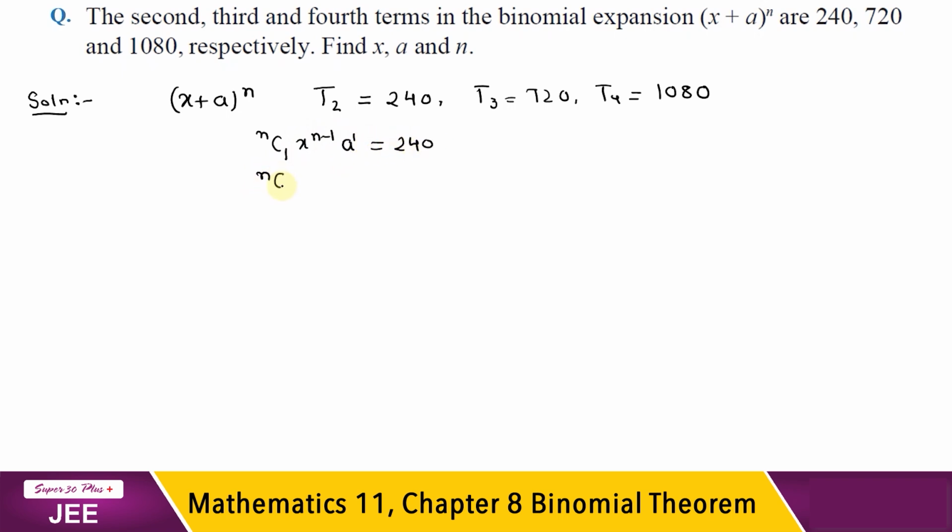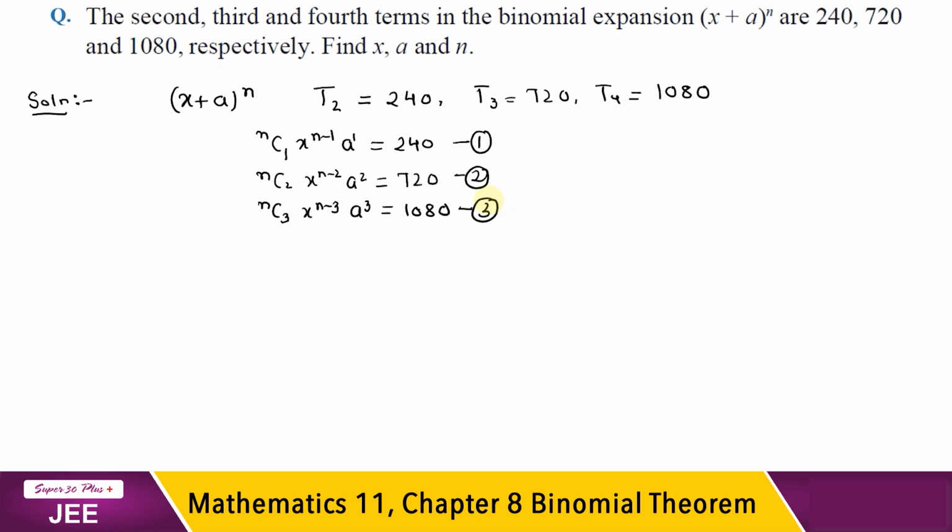T3 is nC2 x^(n-2) a^2, and this is 720. And T4 is nC3 x^(n-3) a^3. This is given to us as 1080. So we have three equations in terms of n, a and x. We have to solve them and determine the values of these unknowns.